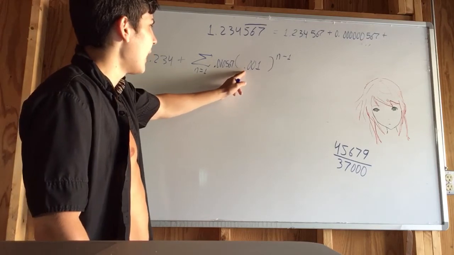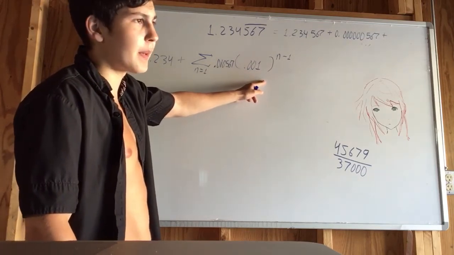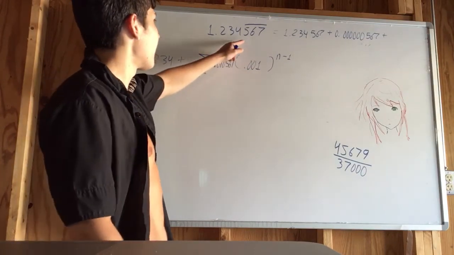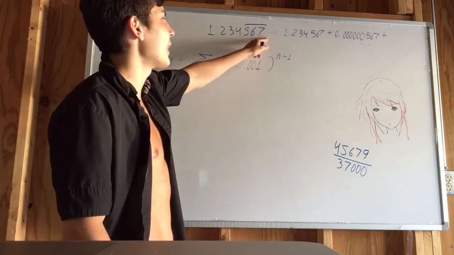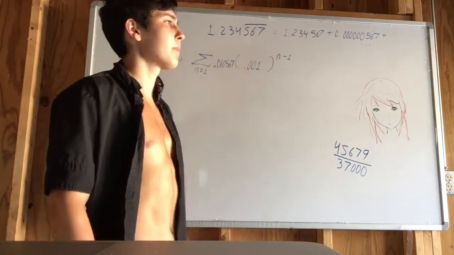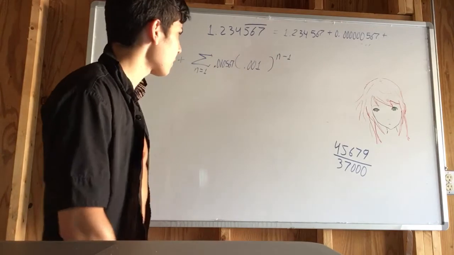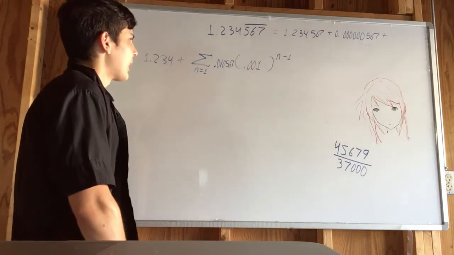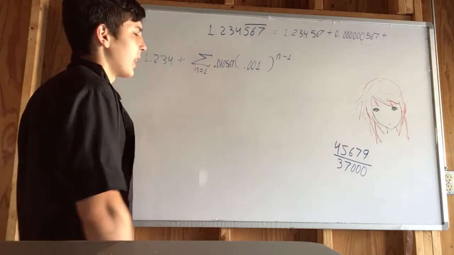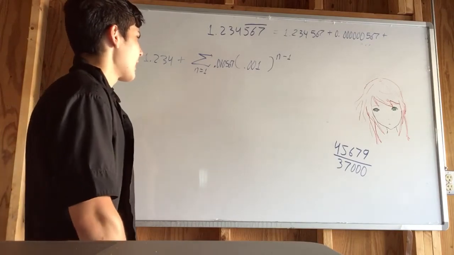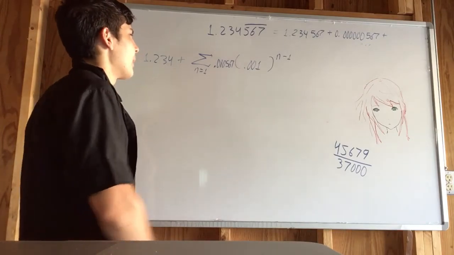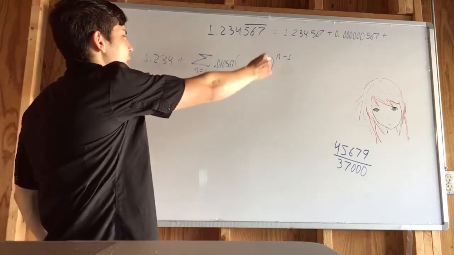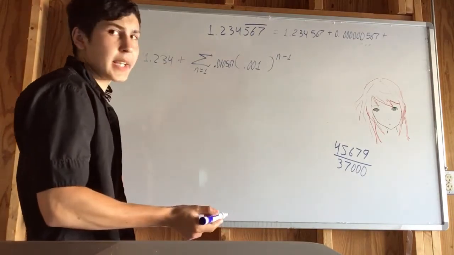Then we move 3 other places again: 1, 2, 3, 1, 2, 3, and so on. So that's why we have 0.001 in there. 3 decimal places for each time, and each time is represented by the increasing exponent.